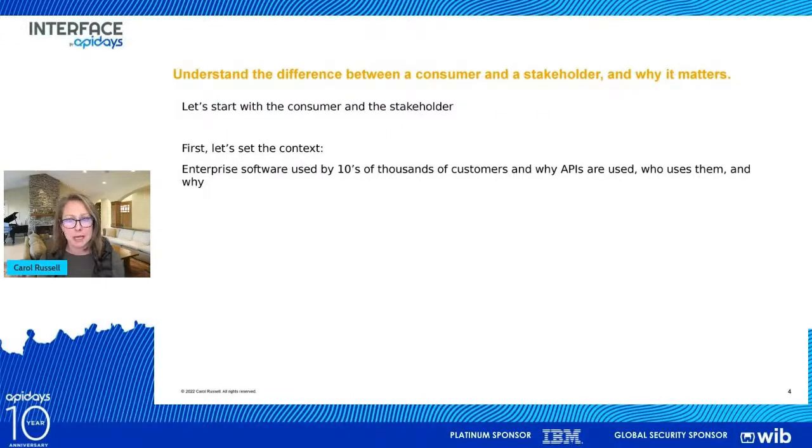So why do they need APIs? Who uses them? And what are they trying to do? I would say most of the time, in our case, they would be trying to extend our solutions. Take a simple example: you have a travel product and an expense product. That's our specialty, travel and expense.